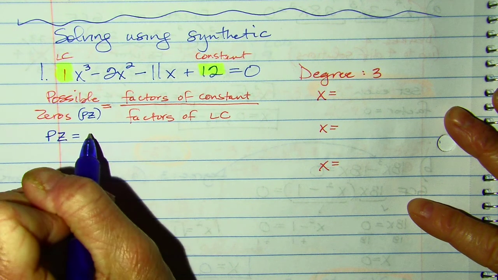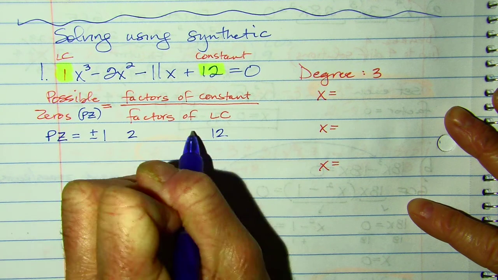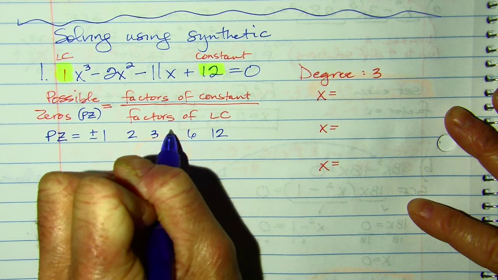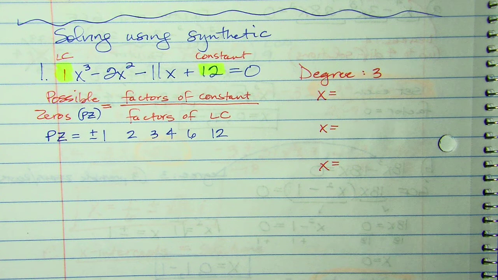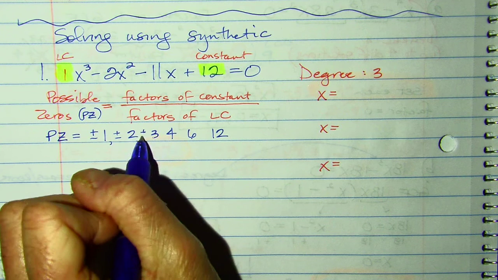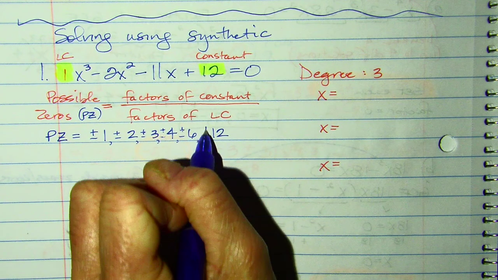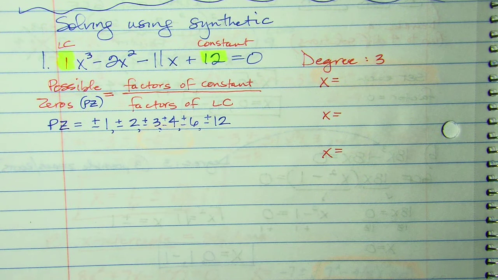are factors of 12. Factors of 12 are 1 times 12, 2 times 6, and 3 times 4. Look how that put them in numerical order. I also don't know if they're going to be positive or negative, so technically, I could put a positive or negative in front of each one because I'm not sure.